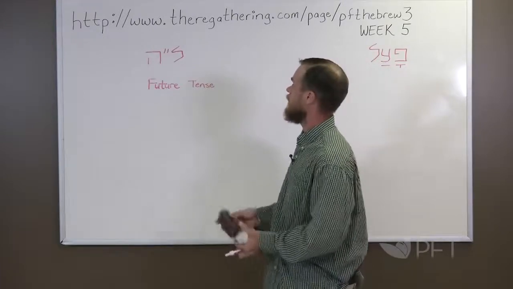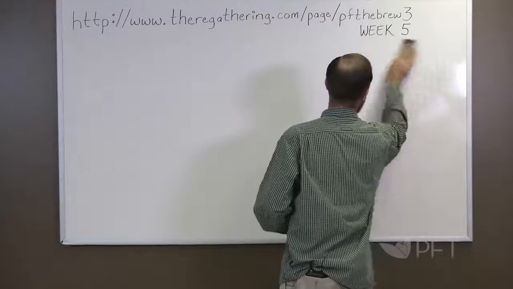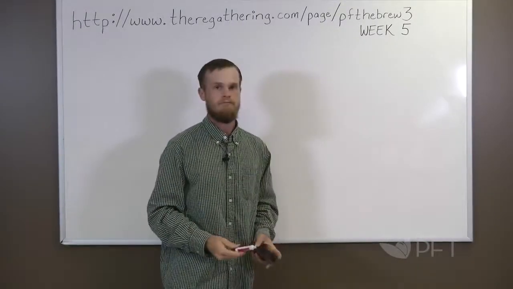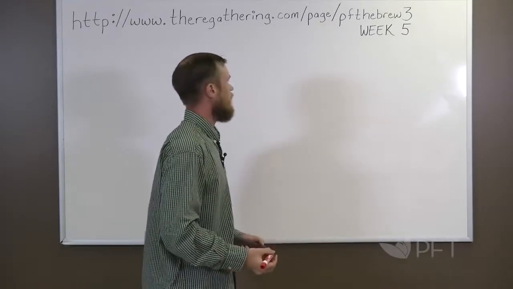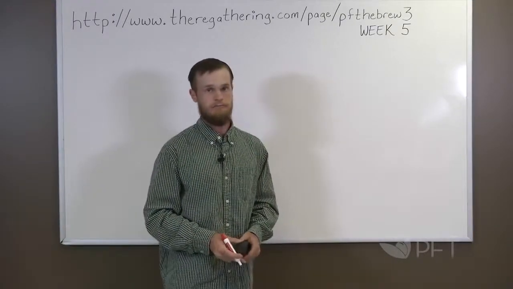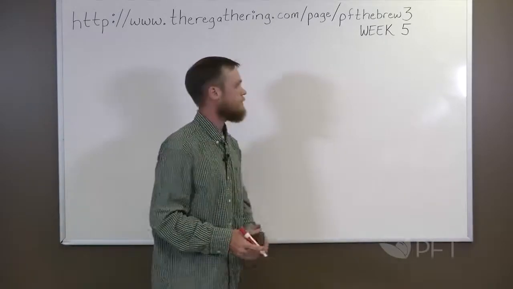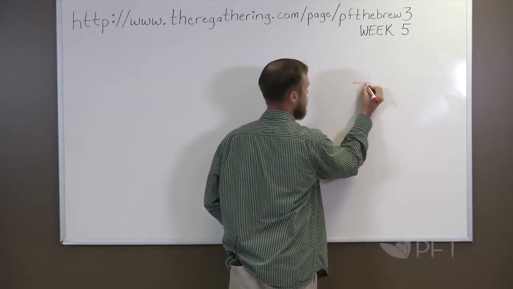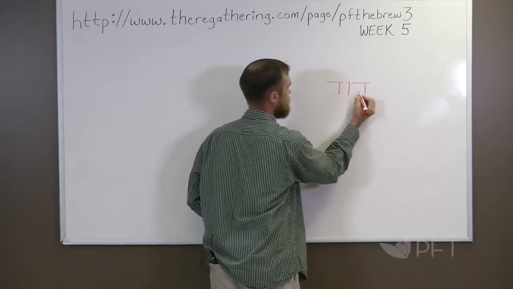So just a few examples to show it in a complete sentence, to put it into practice. If I were to say, David kept the commandments, how would I construct a sentence like that? The easiest way is to start with your subject. Subject is David.